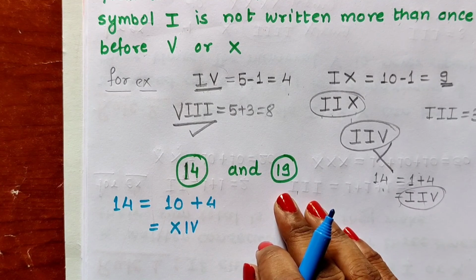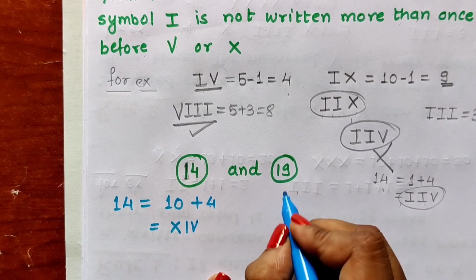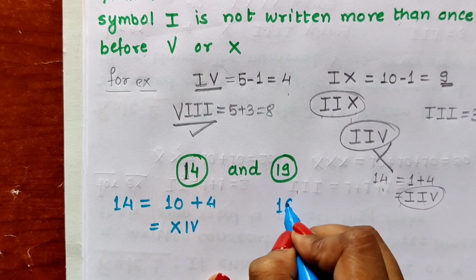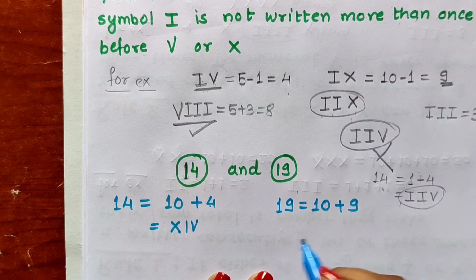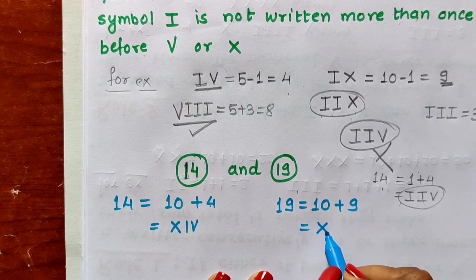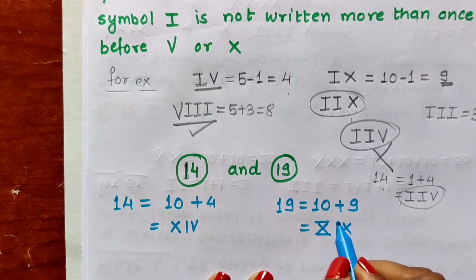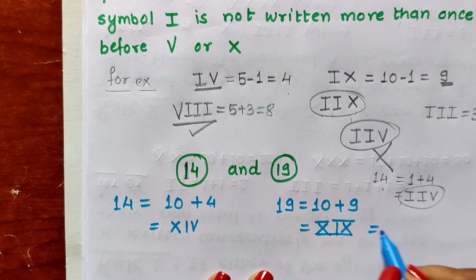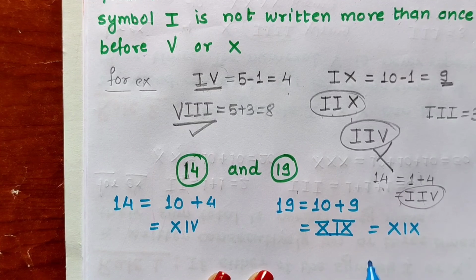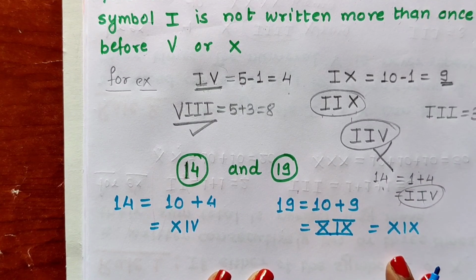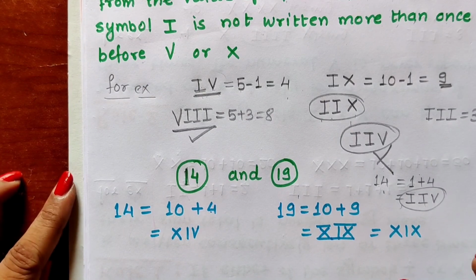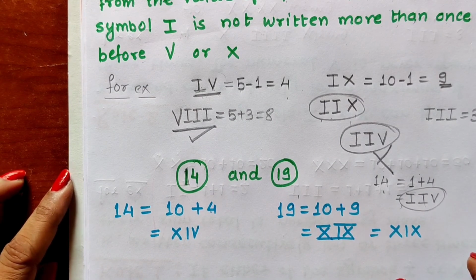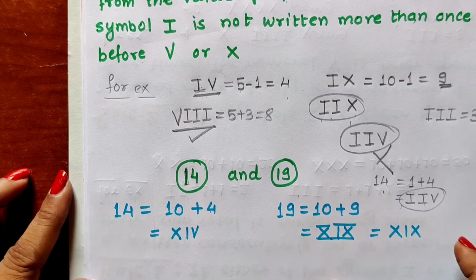We have to think of it as 10 plus 9. And for 10, we can use symbol X. And for 9, we can use symbol IX. Okay. So it means what? XIX means 19. So in this way, we will have to use Roman numerals or symbols to solve the sums.